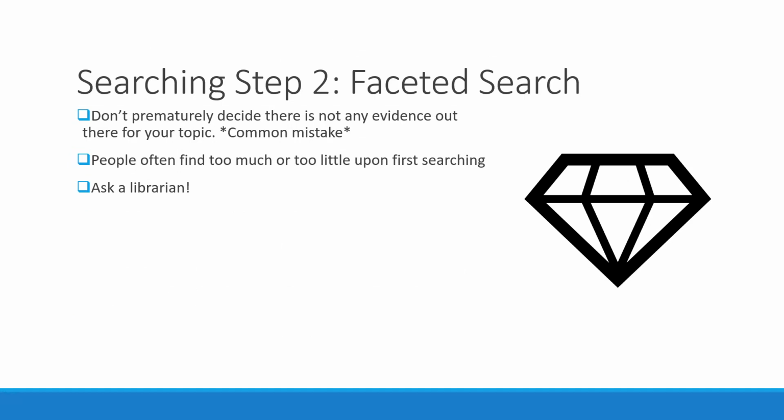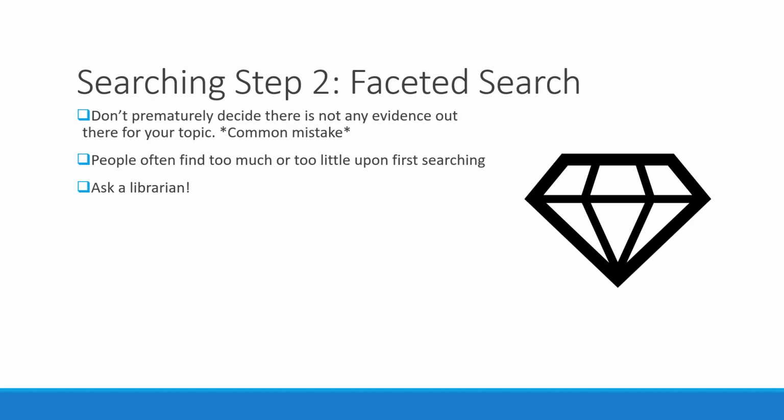You don't want to skip this step because if you do, you might decide, oh, there's not any evidence on our topic, and just move on from there. A faceted search will help you find out that there are tens of thousands of articles on your particular subject. You just need to combine it with some other searches in order to narrow it down a little bit.